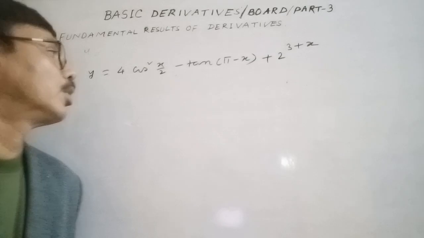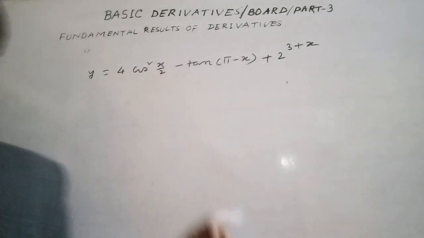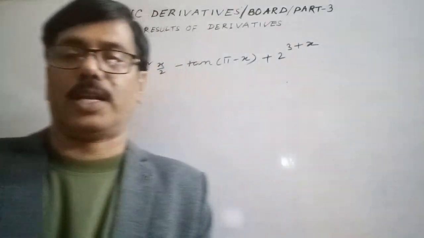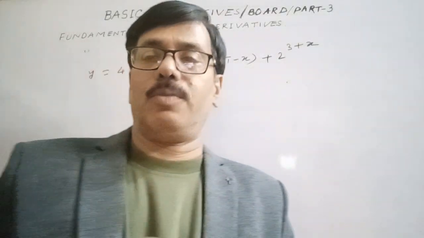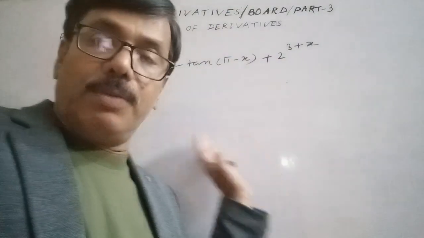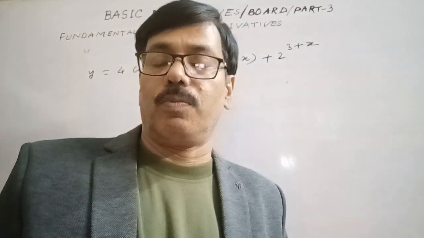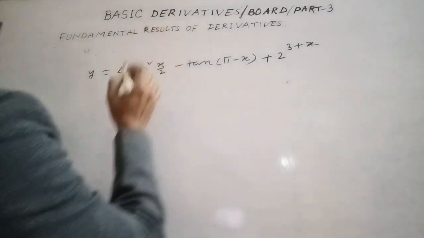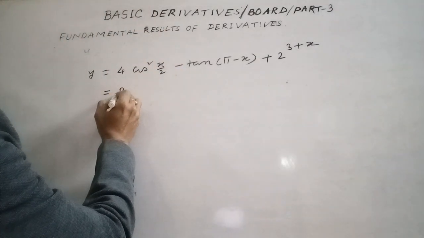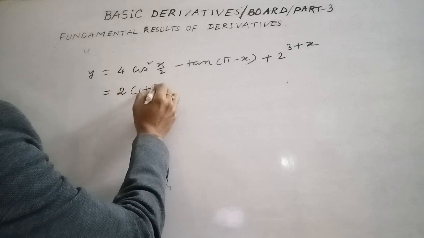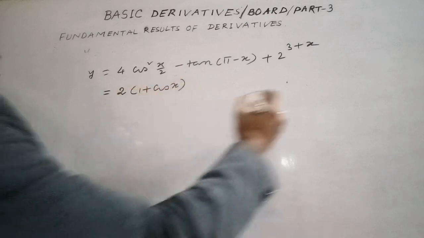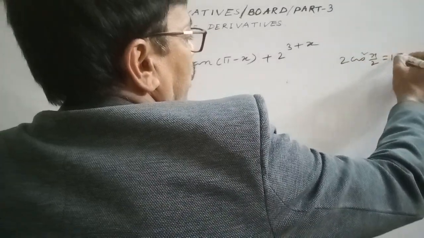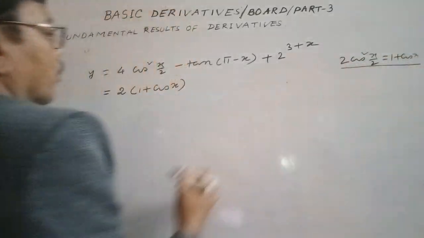So look, we know derivative of cos. So far we do not know derivative of cos square x. So our main aim will be to express the given function in terms of known functions. So 2 cos square x by 2, we know the formula: 1 plus cos x.